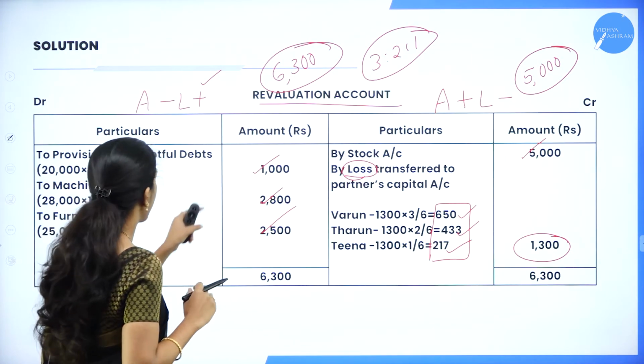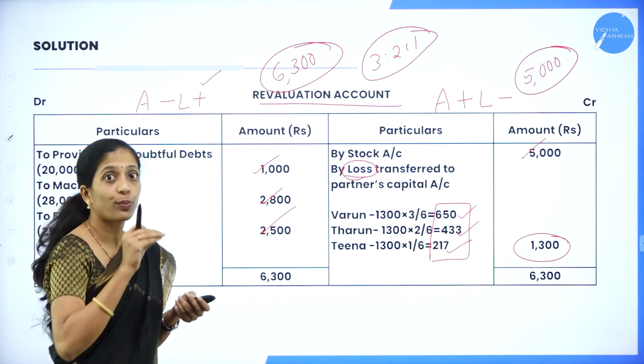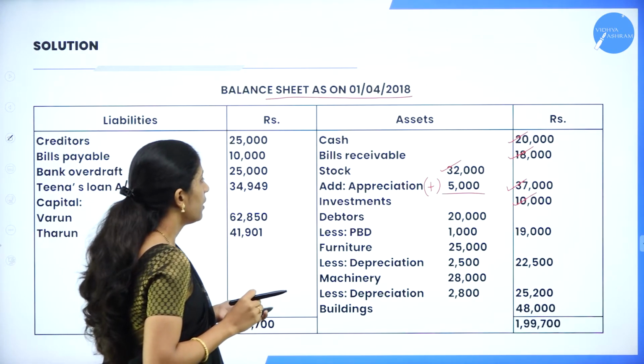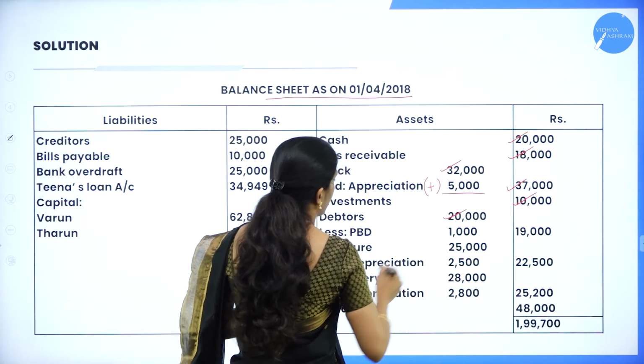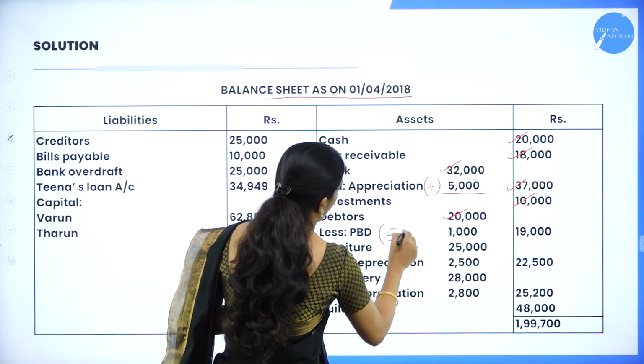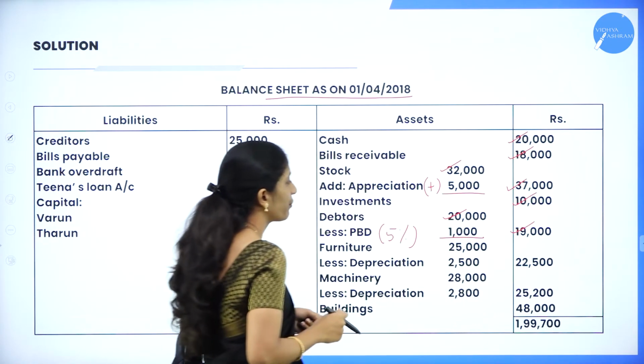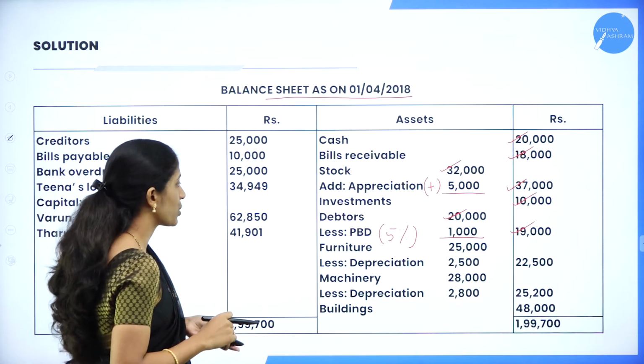We had already calculated, so it is 1,000, and we have to deduct that 1,000. So how to record? Debtors 20,000 less 5% provision, which comes to 1,000. If you deduct, you will get 19,000.